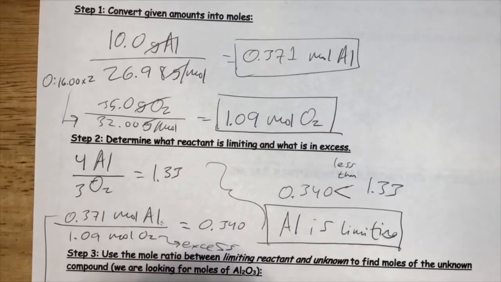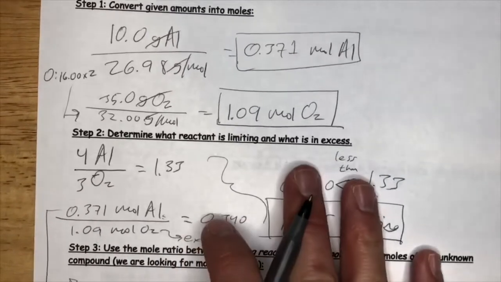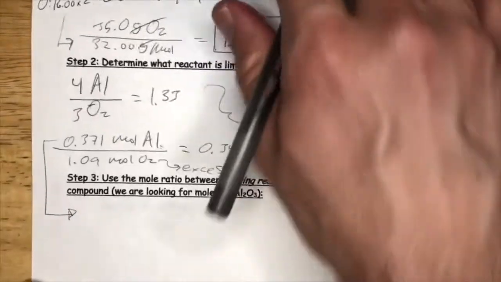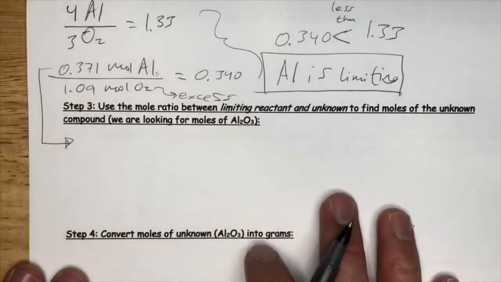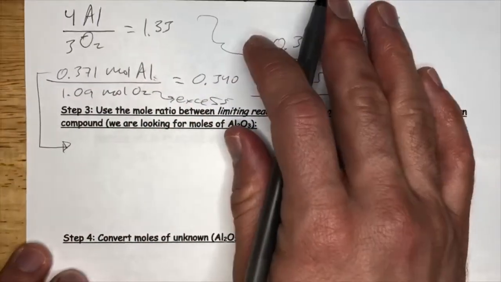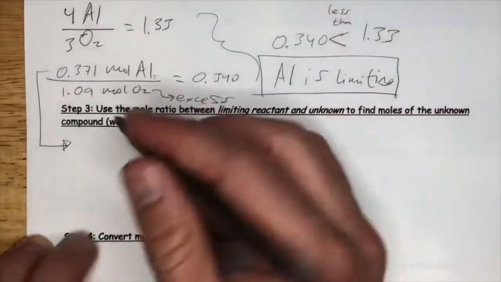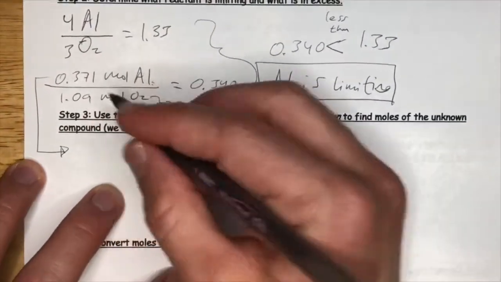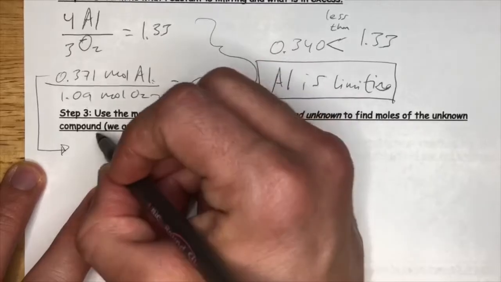So we have 0.371 moles of aluminum. We can think of it kind of like taking that answer from the first problem, that 0.371, and bringing that on down. Okay, so 0.371 moles of aluminum is going to be brought on down.